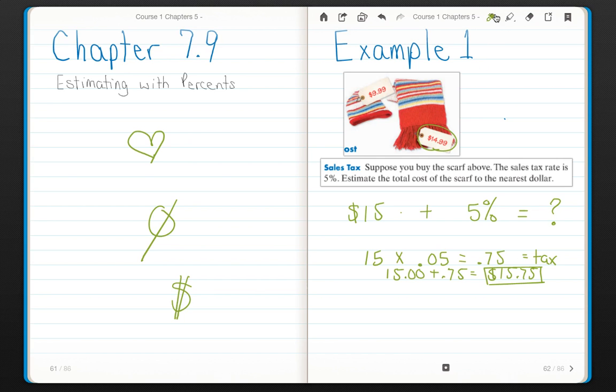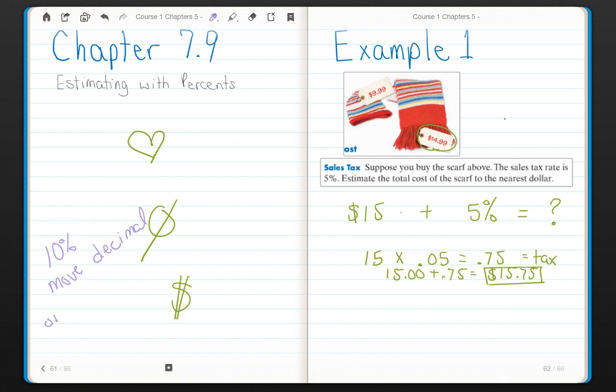Now the other option is to break the percent or the price into groups. So if I want to take 10% of something, I'm going to simply move the decimal one place to the left.